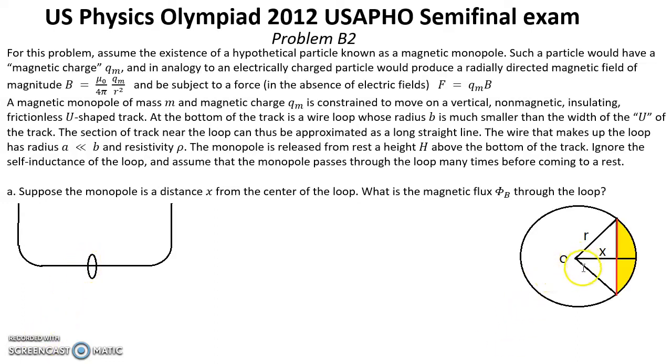On the right picture we are showing this scheme for this loop. The red line is a side view for this loop, and suppose that our magnetic charge is in point O on distance x from the center of this loop. We have to count what is magnetic flux through this loop.